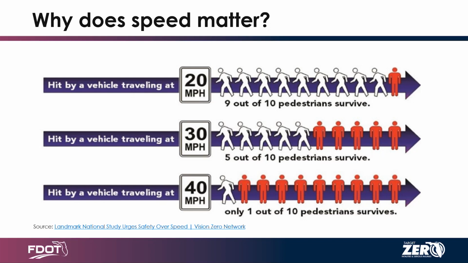And how many of those roadways are set with a posted speed less than 30 miles an hour? So when we consider that it's an area that's generally not less than 30 miles an hour, and that also has reasonably high pedestrian activity, you're looking at a 50-50 survivability rate.